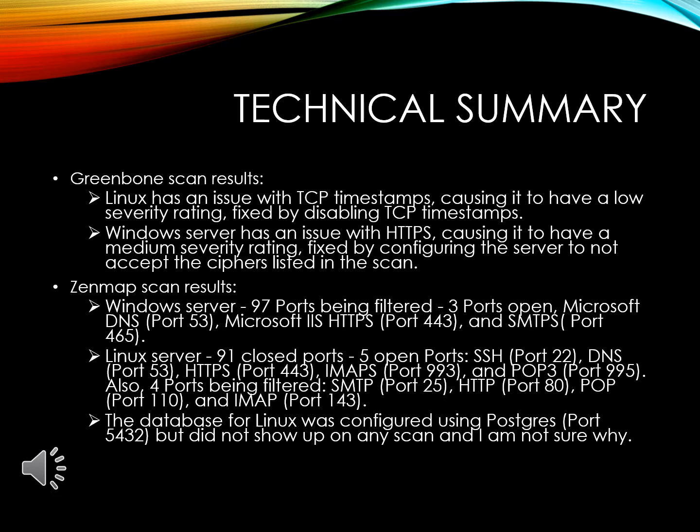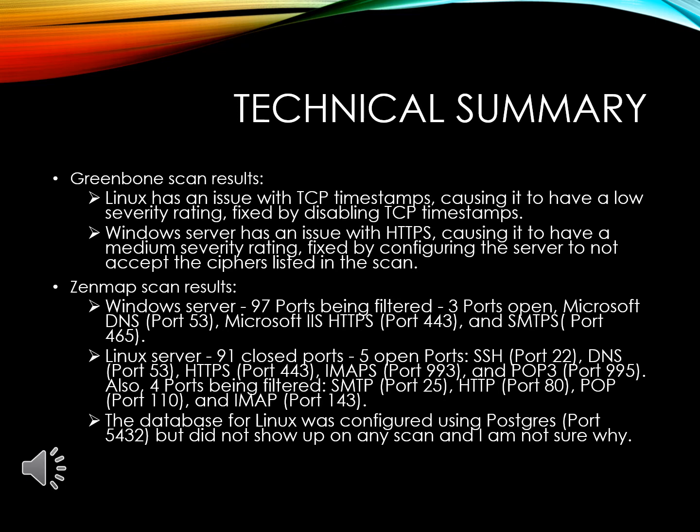According to ZenMap, the Windows server has 97 ports being filtered and 3 ports open. Microsoft DNS, Microsoft HTTPS, and SMTPS are the ports that are open. The Linux server has 91 closed ports, 5 open ports: SSH, DNS, HTTPS, IMAPS, and POP3S.